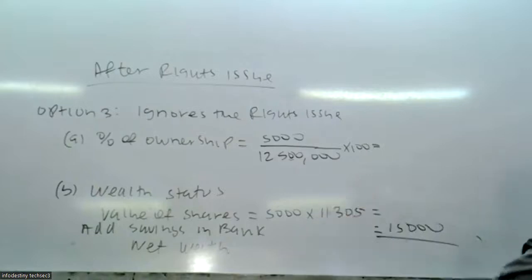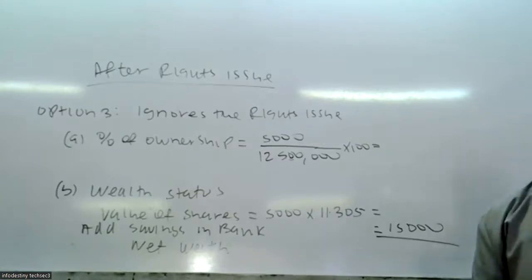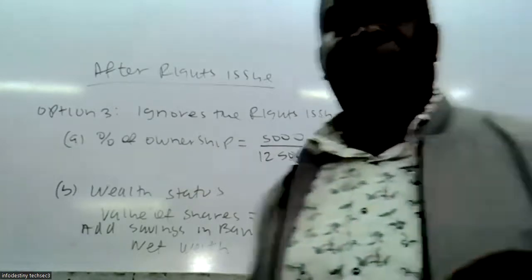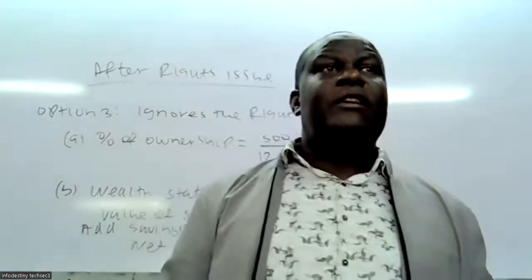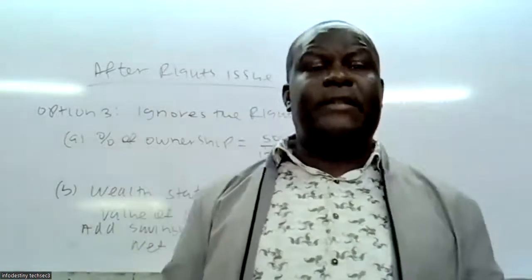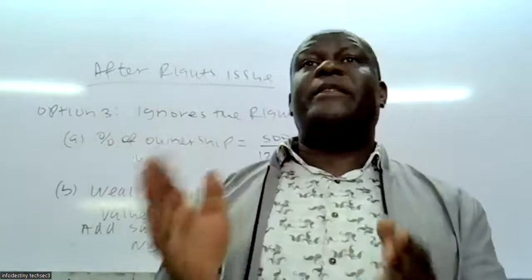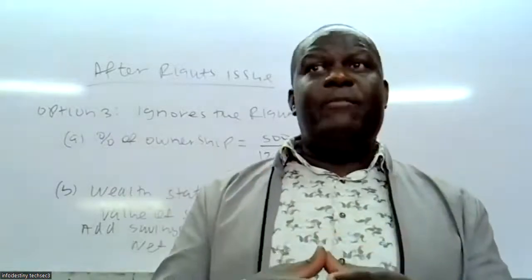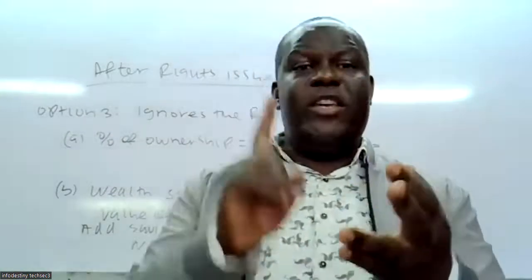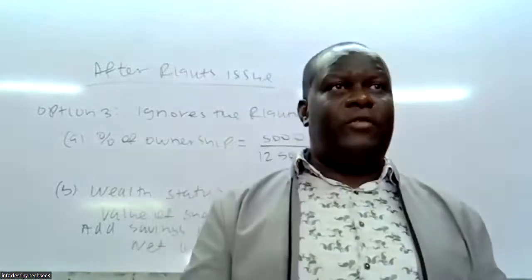But the other two went down to 0.04. So when you exercise the rights, there will be no change in the percentage of ownership, but when you sell and ignore, it has gone down.